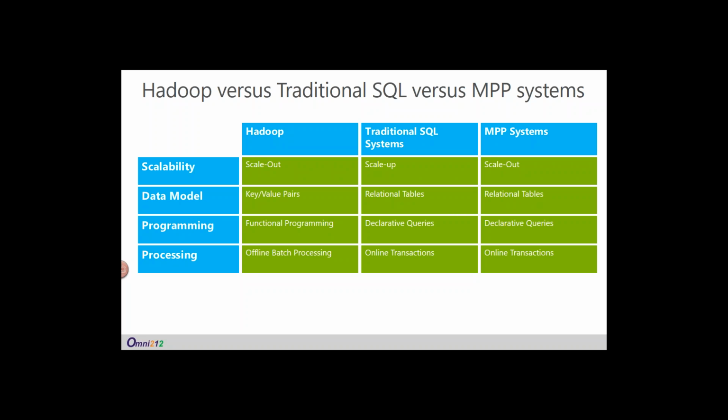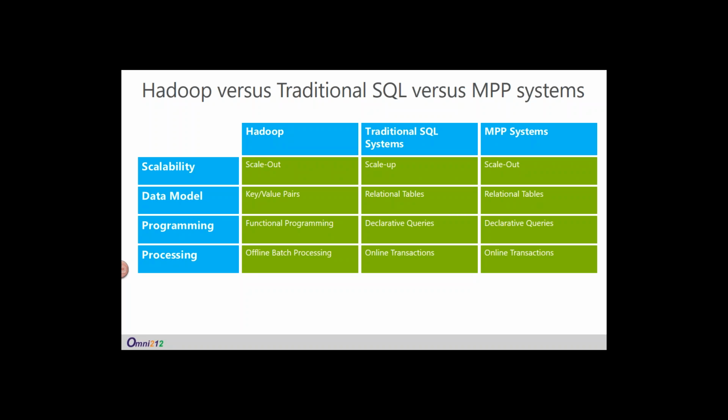Data models. Hadoop adopts the key value pair based data model, which makes it much more flexible and faster than both SQL and MPP systems. Traditional SQL-based systems usually follow relational database tables, and the same is followed by MPP systems as well. For the programming model, Hadoop has a functional programming model which includes the map and the reduce functions.